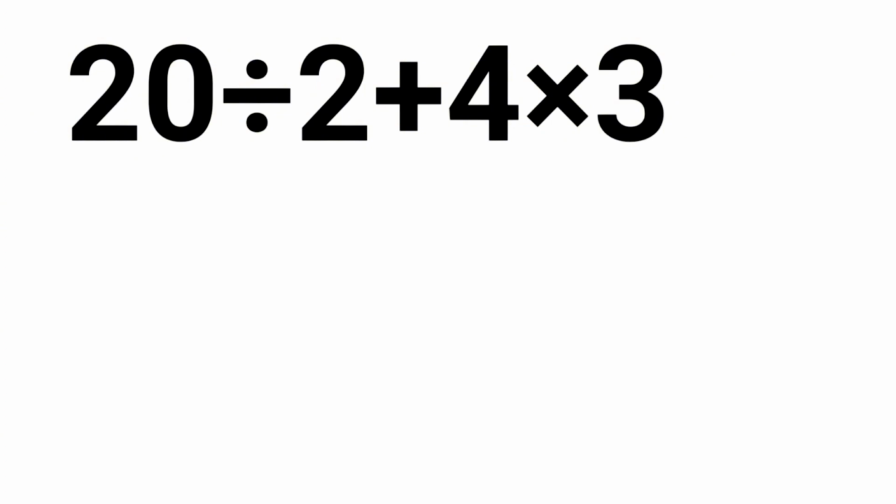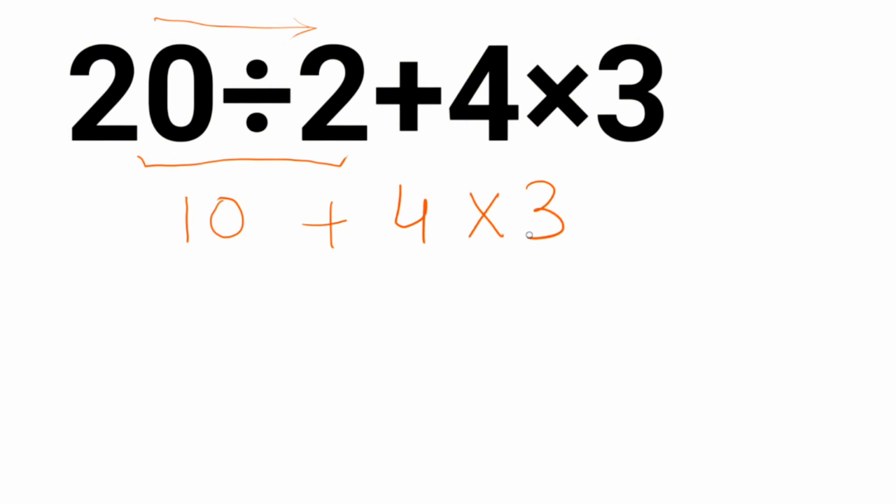Another question, 20 divided by 2 plus 4 times 3. So as division is at left side, we have to move from left to right. So first of all, we will perform this division. 20 divided by 2 is equal to 10 plus 4 times 3.